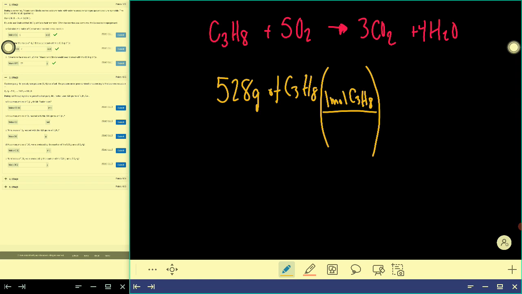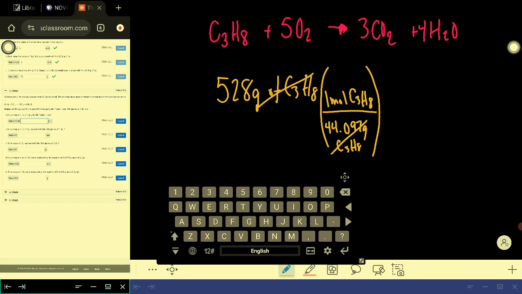I get a molar mass of 44.097 grams C3H8. Our grams are crossed off and we're in moles of C3H8. So I take 528 divided by that molar mass and get 11.9736, yada yada. But if I was only given 3 sig figs, I'm going to round it to 12.0 moles.